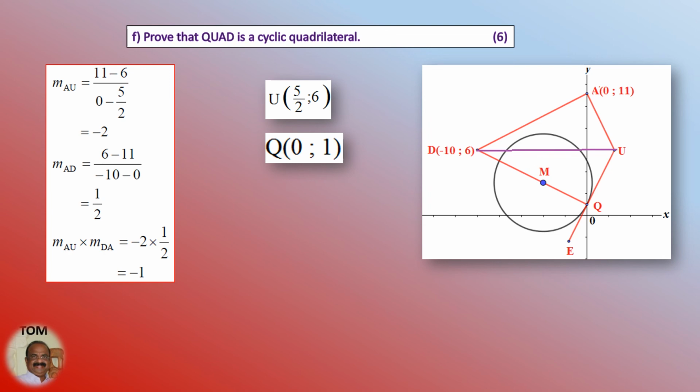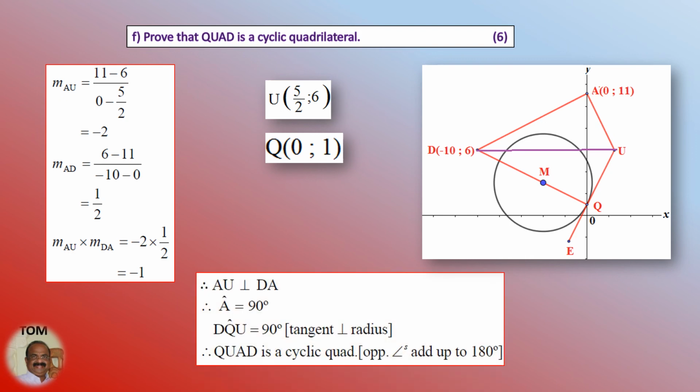We multiply these two gradients. Minus 2 times half gives us minus 1. What do we understand from that? Then we understand AU is perpendicular to DA, or angle A is equal to 90 degrees. Again, angle DQU, look at that.